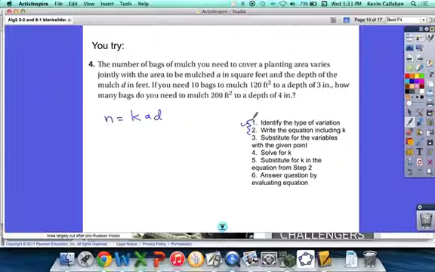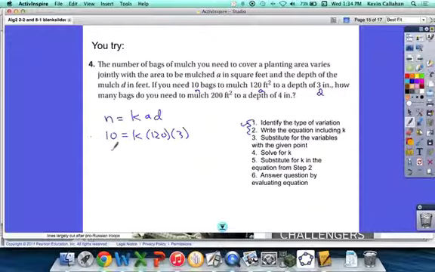Okay, so here we go. The one point they've given us, you need 10 bags to mulch 120 square feet to a depth of 3 inches. So they gave us the point, substitute: 10 equals K times 120 times 3.